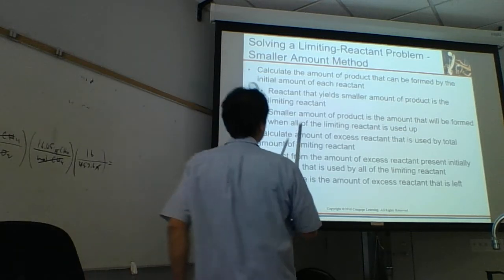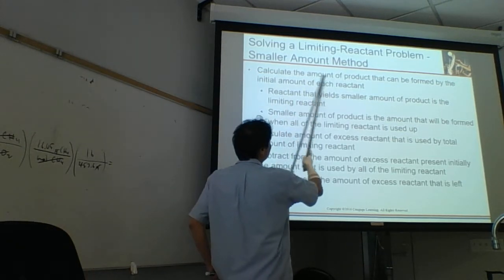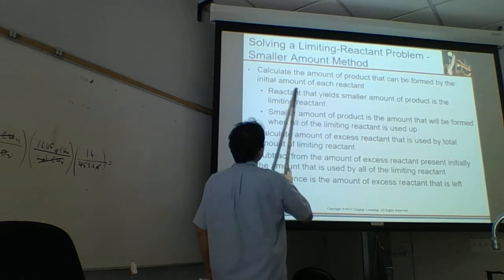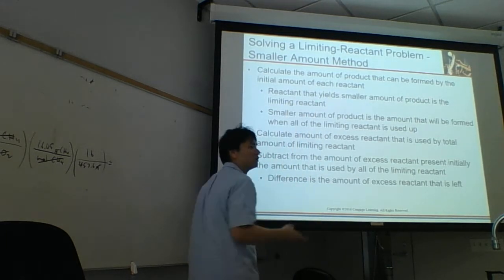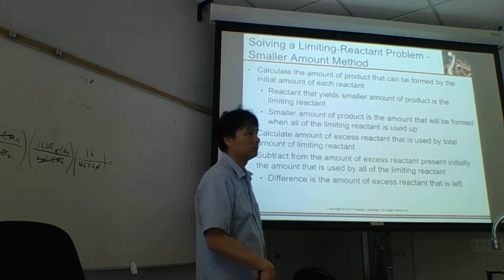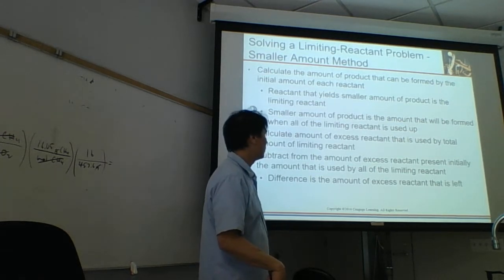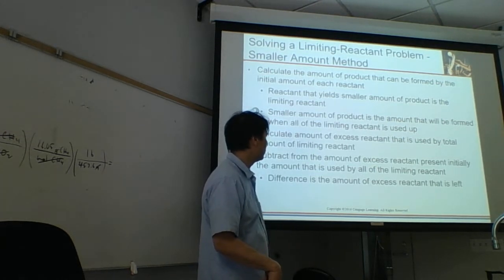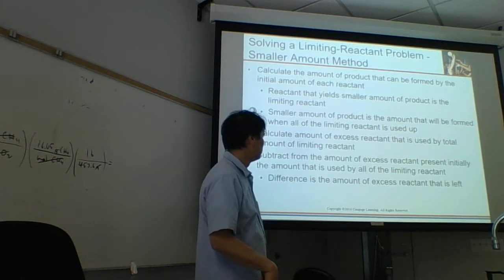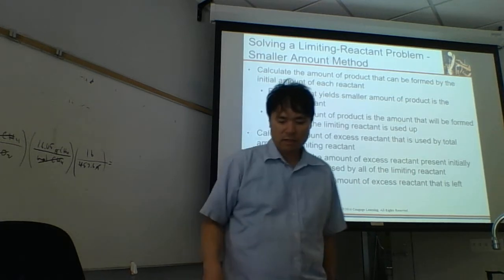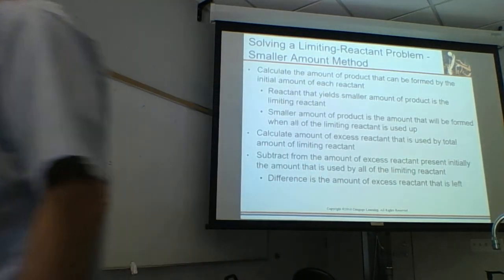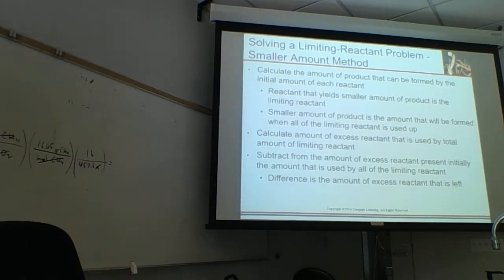The smaller amount method is we calculate the yield, or the amount of product that can be formed by the initial amounts of each ingredient, each reactant. And then we figure out which one is going to limit it, that is, which one is going to run out first.